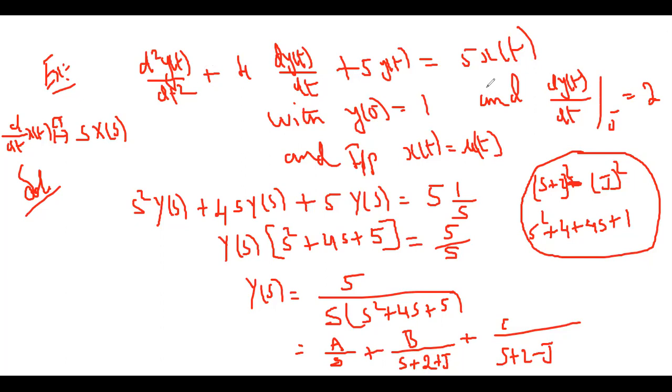If it is a unilateral means, definitely can substitute the y of 0 is 1 and the dy by dt is equal to 2. Got it, my students? And in another way, in the Fourier transformation also, we can find the inverse Fourier transformation by using the convolution property. Here also, by using the convolution property, find the inverse Laplace transformation. That is 1 by s square into s plus 2.